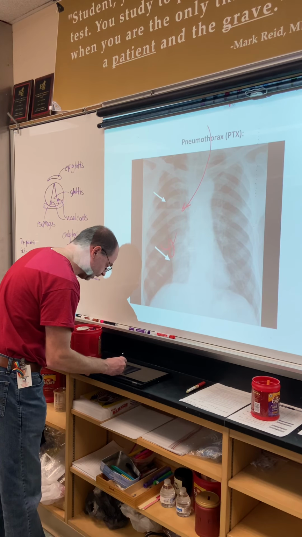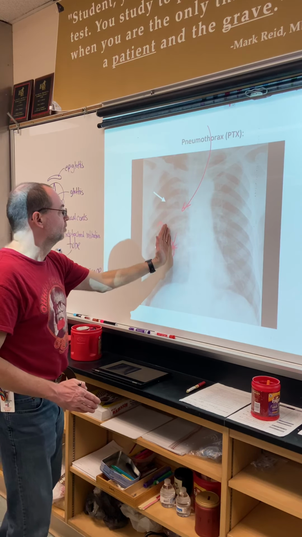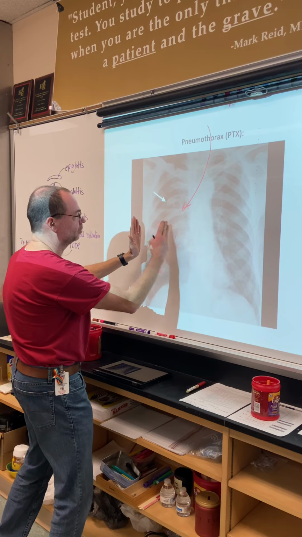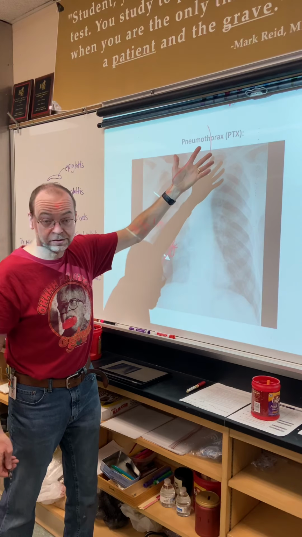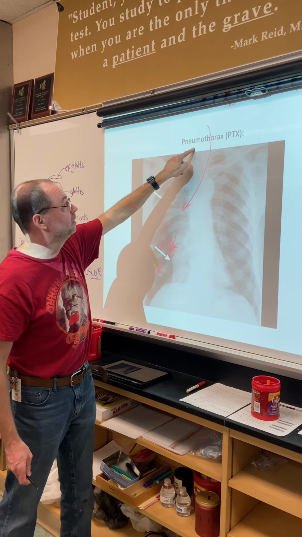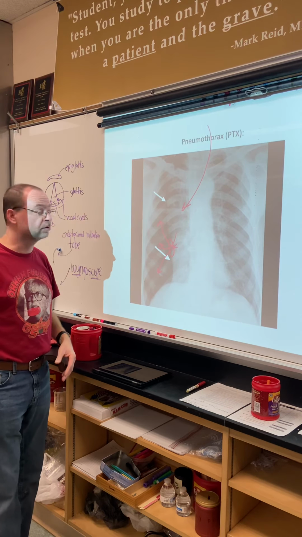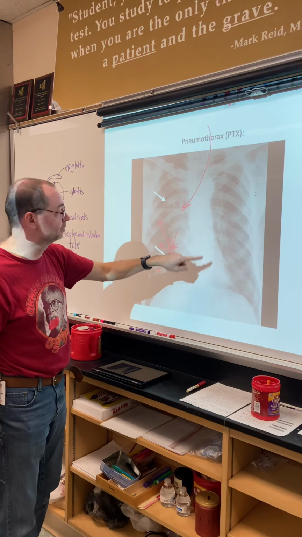So now all that oxygen is going in between the visceral pleura and parietal pleura and slowly crushing this right lung. We call this a tension pneumothorax because pneumo is air, thorax is chest, and in this case a tension pneumothorax is when you're crushing a lung and you can actually crush the heart.